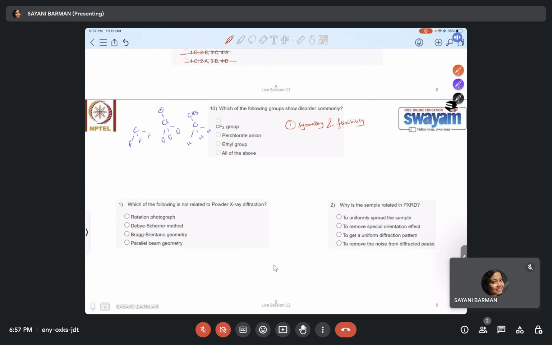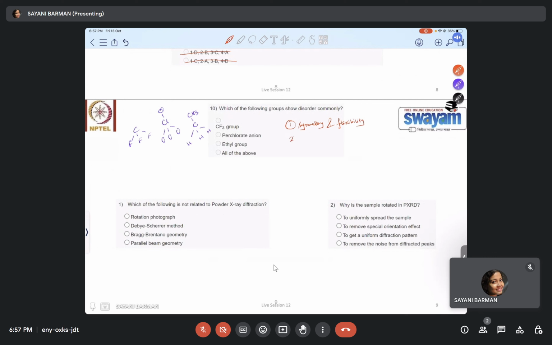Tetrahedral coordination allows for a certain degree of symmetry, and some molecules or ions can easily rotate within this geometry. This flexibility can lead to disorder as the positions of the components become interchangeable, right?